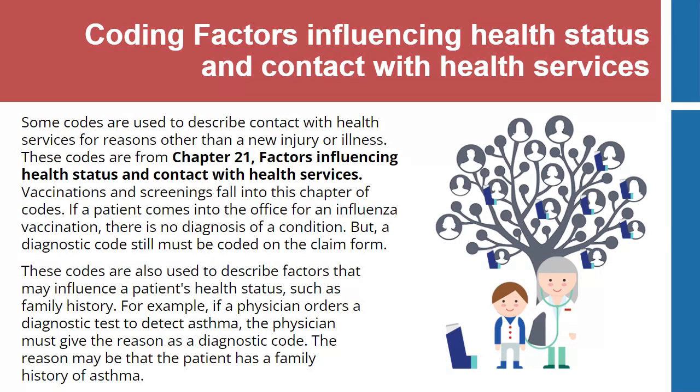They don't have any chest pain, no palpitations, nothing's wrong, but they're getting checked out because of a family history of heart disease. If a physician orders a diagnostic test to detect asthma, the physician must give a reason as a diagnosis code. The reason may be that the patient has a family history of asthma. So just know that not all diagnosis codes are going to be diseases or conditions.